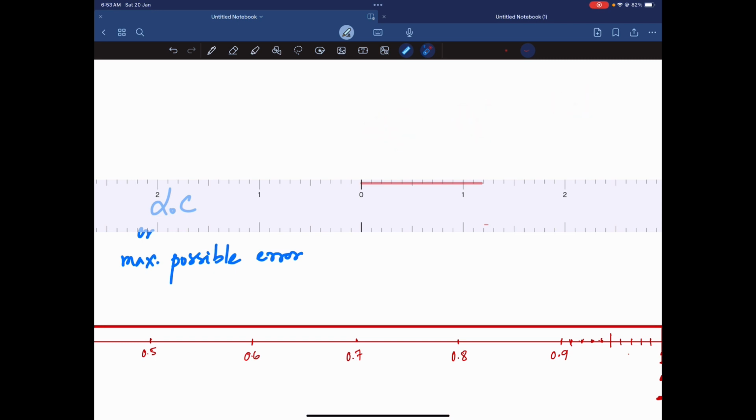Let's talk about that. Look at this ruler. Anyway, let's take the measurement 1.2 as an example. Let's do it again.